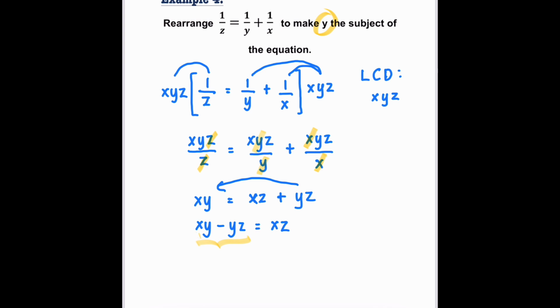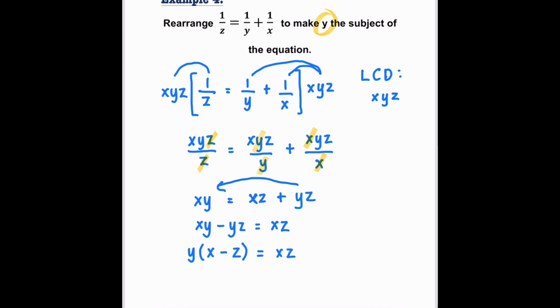Because we need the y, what we need to do is factorize this by taking out the y from each of the terms. So take out y. If we take out y from this term, we will be left with x, minus, if we take out y from this term, we will be left with z, equals xz.